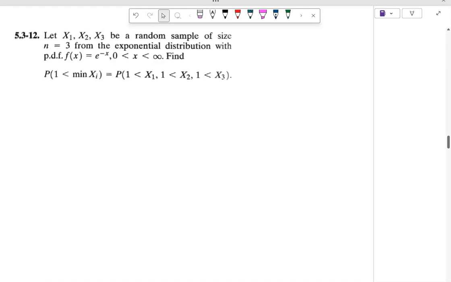This one's actually asking us for the probability of the minimum. But let's ignore what the problem's asking for. We'll do it at the end here. But let's see if we can figure out the PDF for the minimum. All right, so if I have y is the minimum of x1, x2, and x3, regardless of the distribution, what's your PDF going to look like?